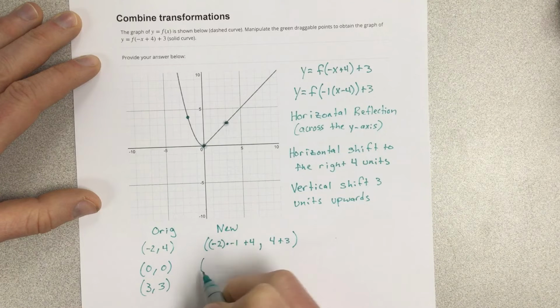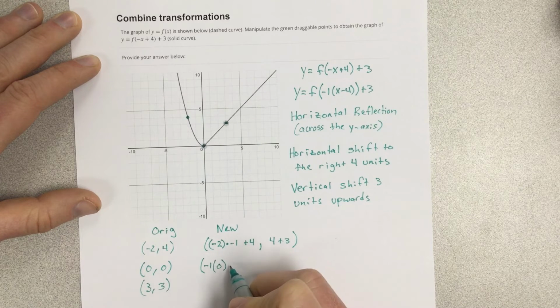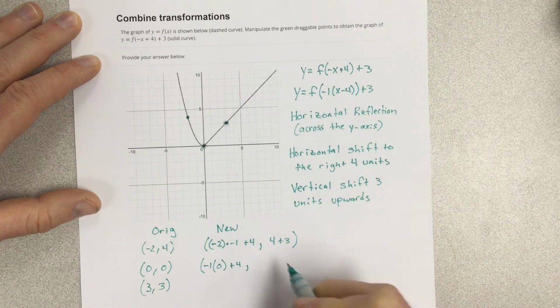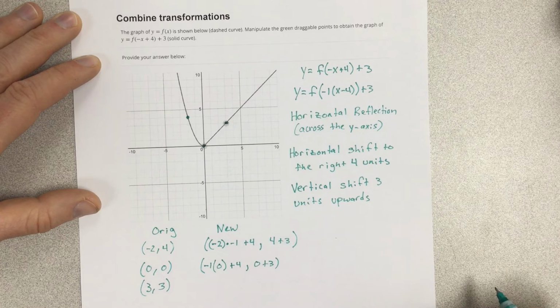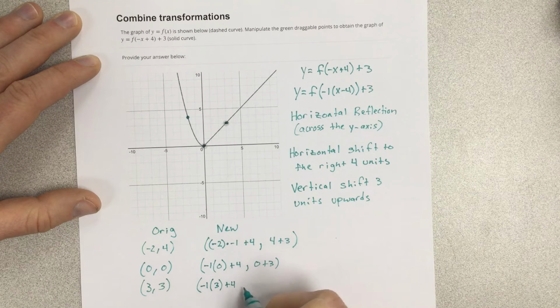In the second one, I'm going to take negative 1, multiply it times the 0 coordinate for the x, and then add 4 to it. And then this is just going to be 0 plus 3. And for this piece, I'm going to take negative 1, because I'm reflecting, multiply it times the 3, and then add 4 to it.